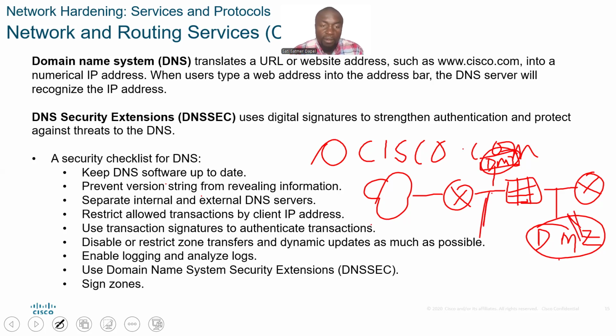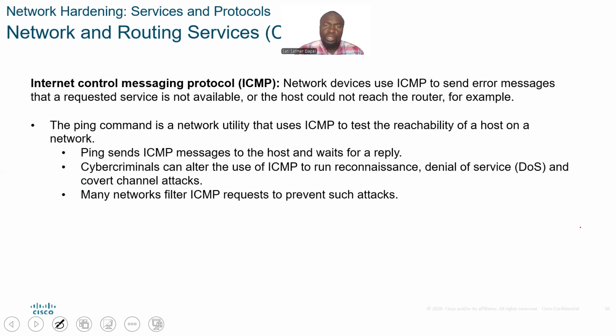So restrict allowed transactions by client IP addresses, and use transaction signatures to authenticate transactions. Disable or restrict zone transfers and dynamic updates as much as possible, enable logging and analyze logs, and use Domain Name System Security Extensions. You know, these are some ways that you can secure your DNS.